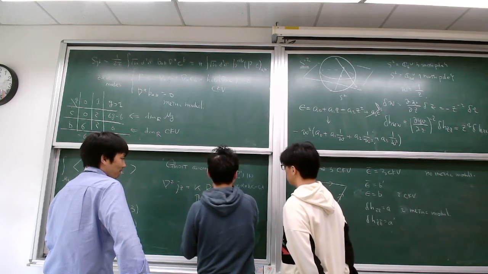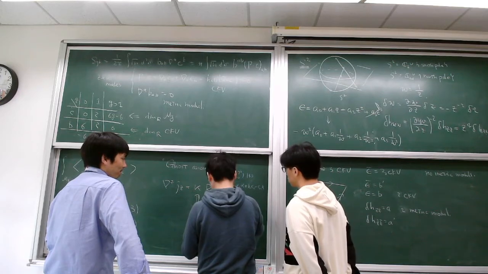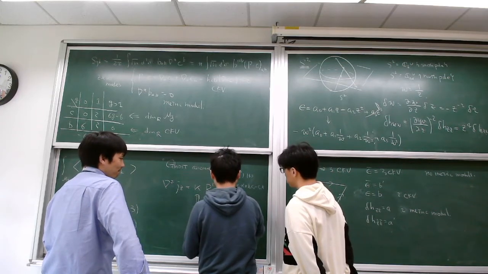This one would give you alpha prime k squared cosine, right?